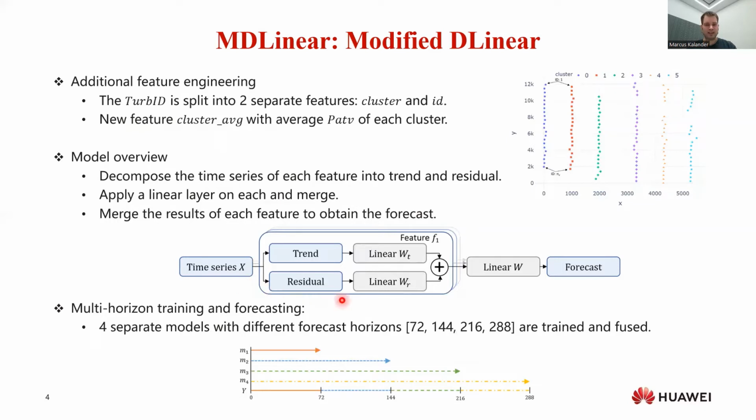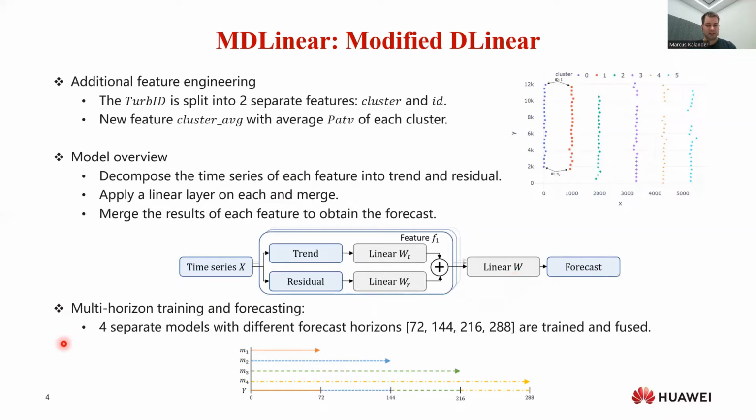This is done by using a moving average. Then we apply linear layers separately to the trend and the residual, and then sum these together. Finally, we merge the result from all features using an additional linear layer to obtain the final forecast for the active power. And in the final model, we consider the most recent 288 timestamps as the input to the model.